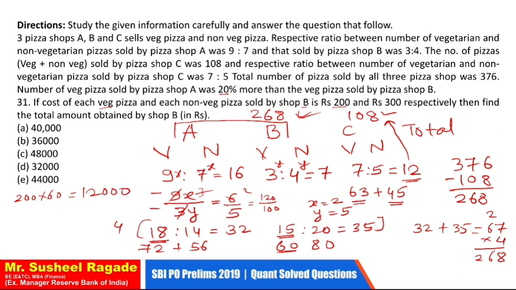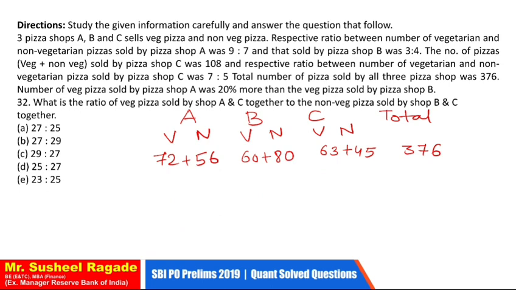Similarly, the price of non-veg pizza is 300, so 300 into 80 is equal to 24,000. So the total of these two is 36,000. So this is our answer.